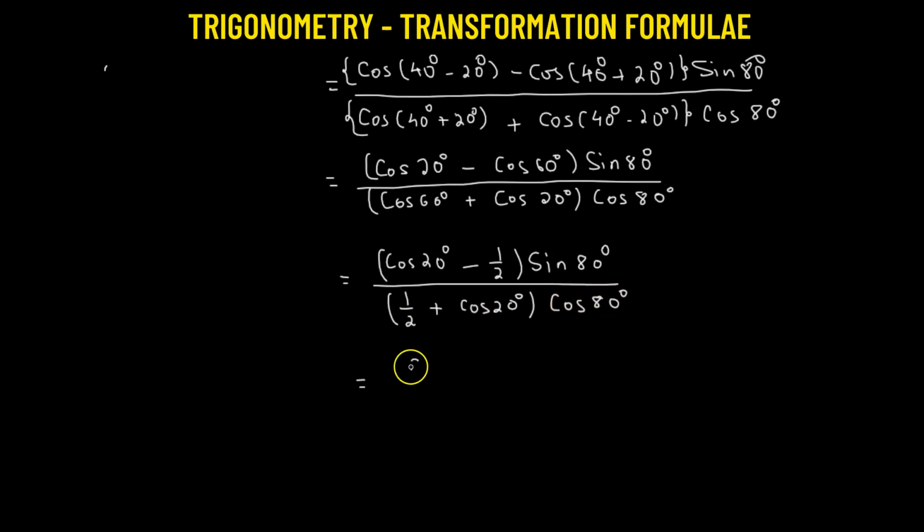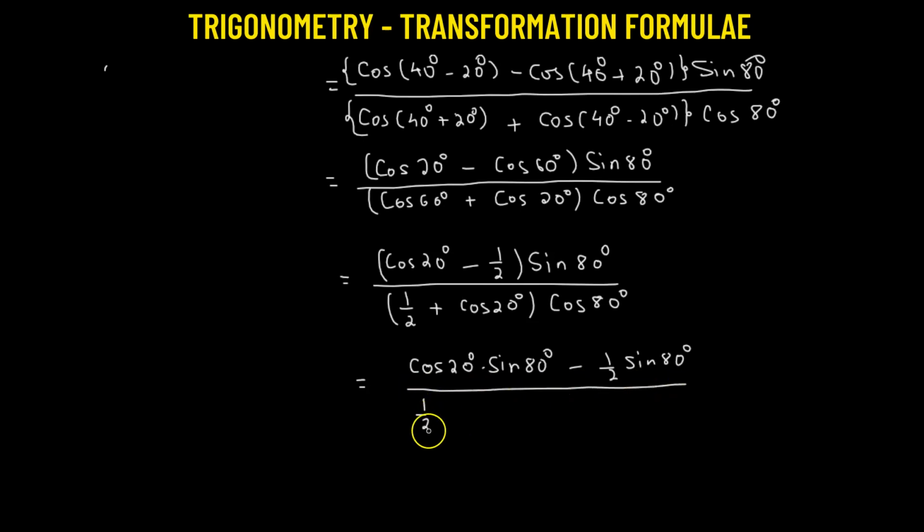Let's further simplify. So in the numerator we have cosine of 20 degree times sine 80 degrees minus half times sine 80 degree, divided by, in the denominator, half times cosine of 80 degree plus cosine of 20 degrees times cosine of 80 degrees.